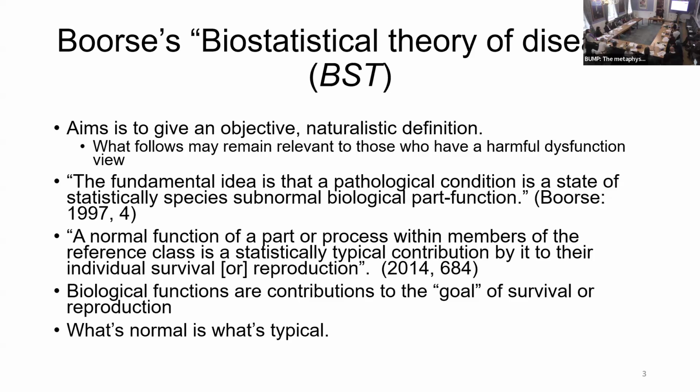But the basic idea is that if we want to look for biological functions, we need to look for things which are contributing to the organism's goal of survival or reproduction. And then the statistical bit is that what counts as normal is what turns out to be typical. Well, that's what makes it a statistical theory.